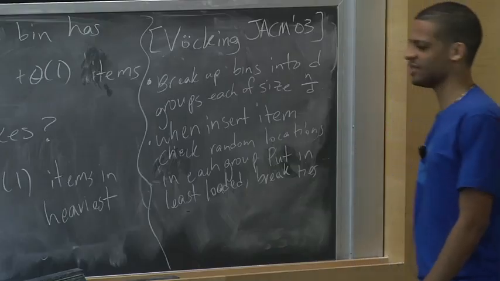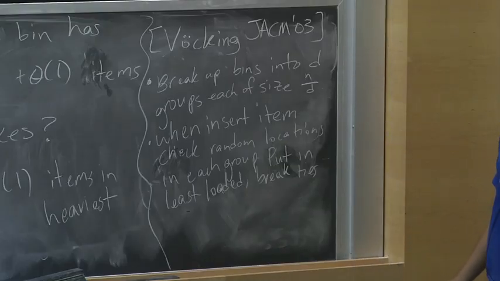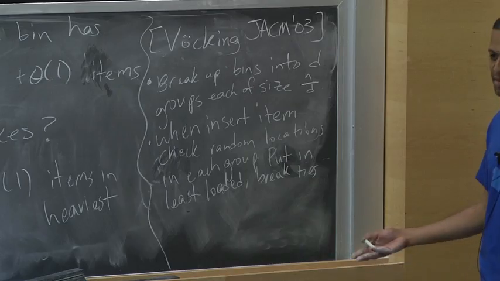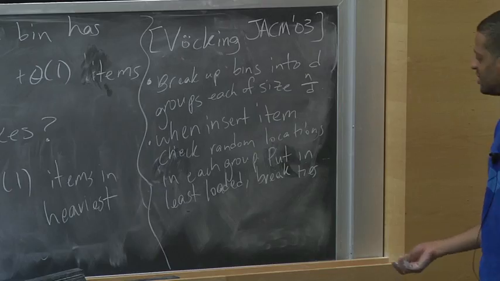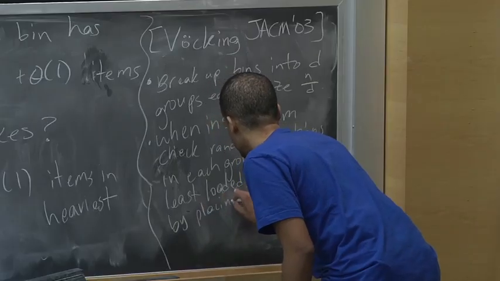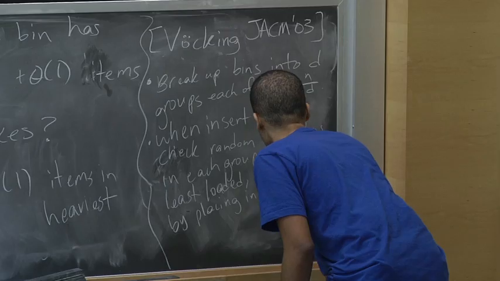So, it seems like the more random, the better. If there's a tie between least loaded bins, I'd put it in a random one of them. But no, break ties by placing in the leftmost one, which seems like a weird thing to me to do.